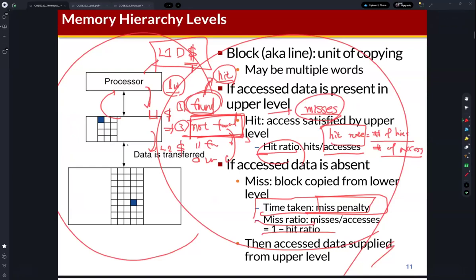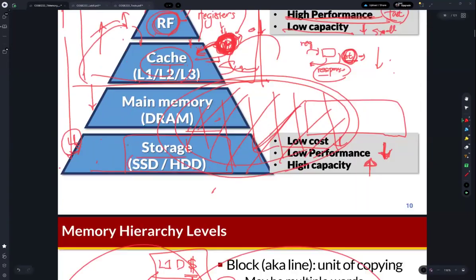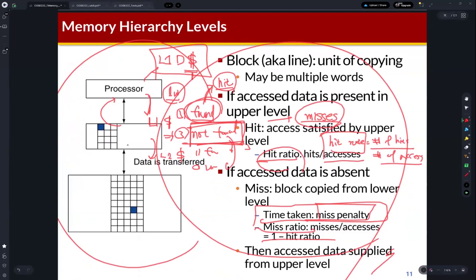Also, I explained about the behavior, hit or miss, right? The CPU, the processor, first accesses the high level memory. But because the size is small, we cannot find every requested data in the high level memory.